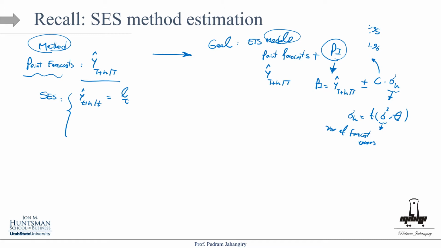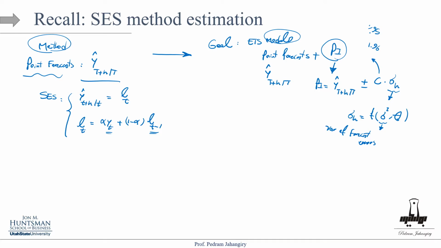It comes with exponential smoothing equations as well. Here we only had one because we only had level, and the exponential smoothing equation for that was L_t equals alpha y_t plus 1 minus alpha L_{t-1}. It was a weighted average of the actual observation today and our previous level, a weighted average of the two.